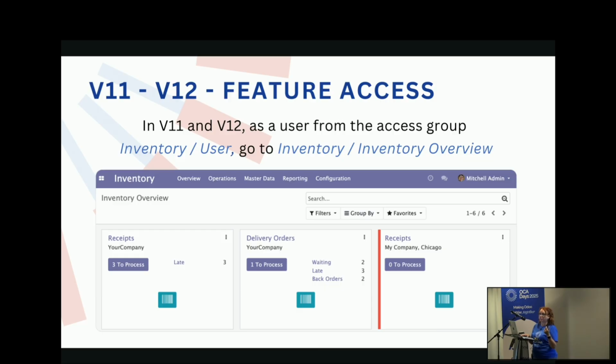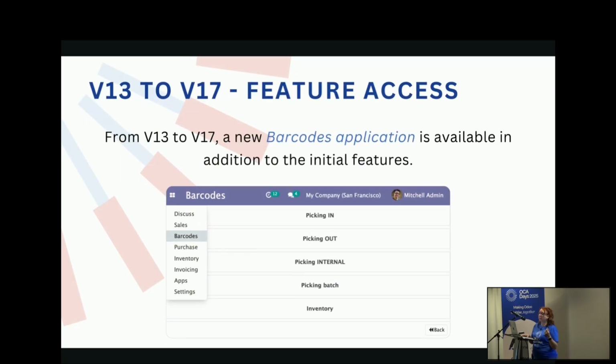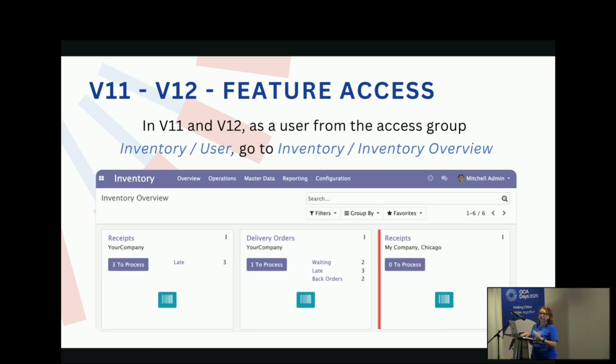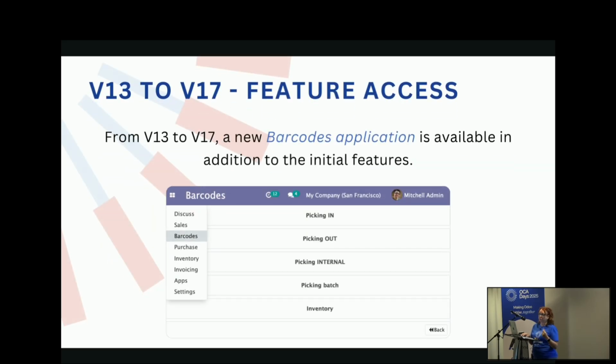But since version 13, you have a new barcode application, a distinct app named Barcode. You will still have the block in the inventory overview, but now you also have the application.